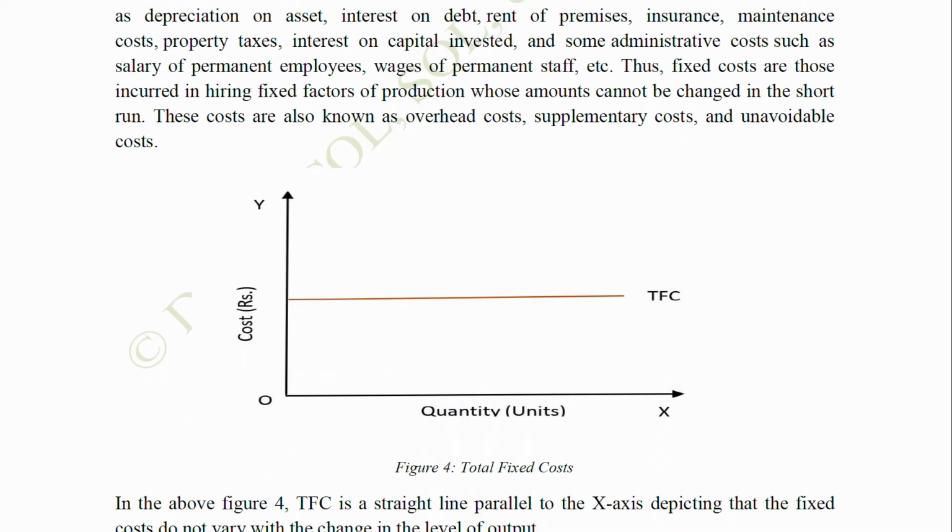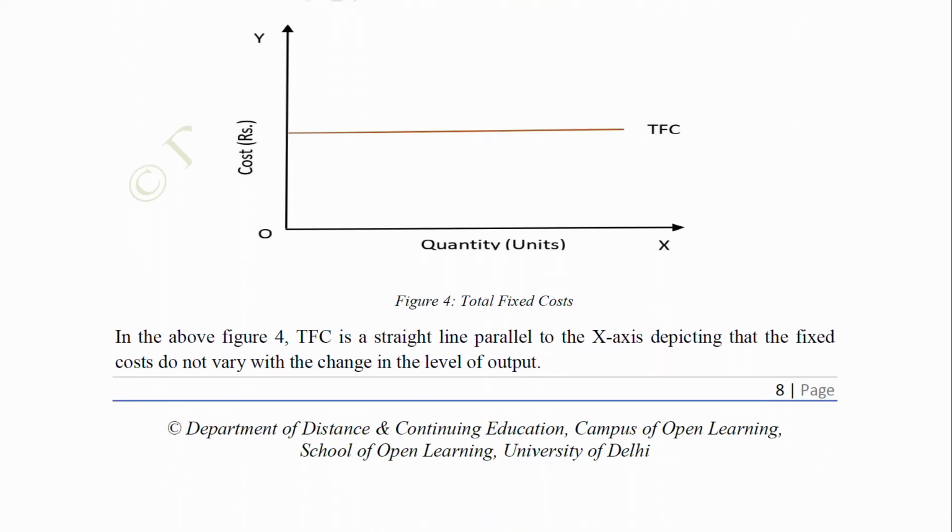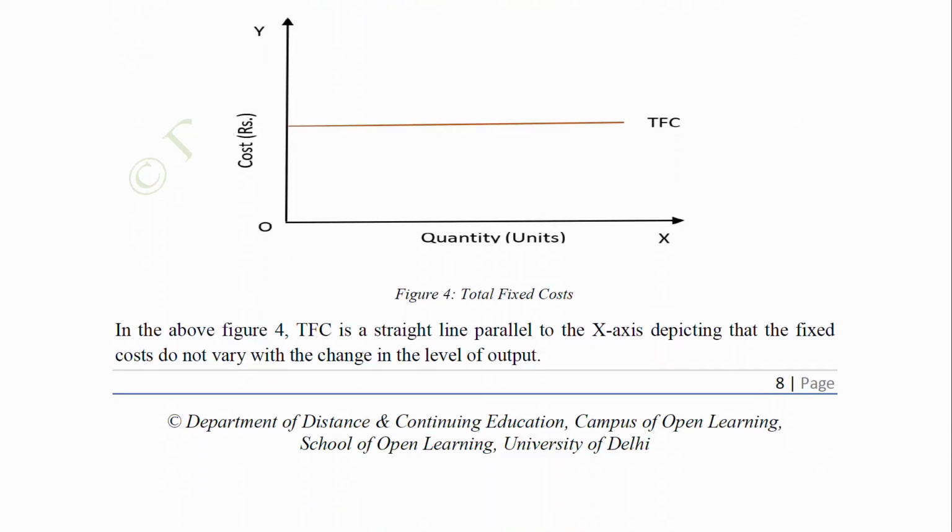Figure 4 shows that the total fixed cost remains unchanged and is not relative to how much quantity the company produces. So in this figure, total fixed cost is a straight line parallel to the x-axis, depicting that the fixed costs do not vary with the change in the level of output.